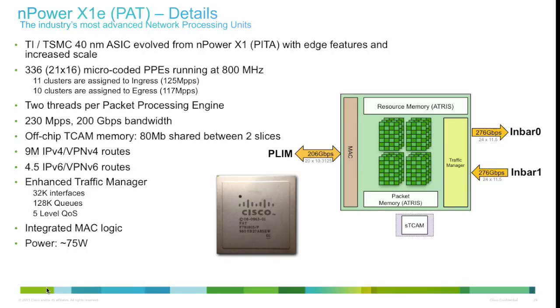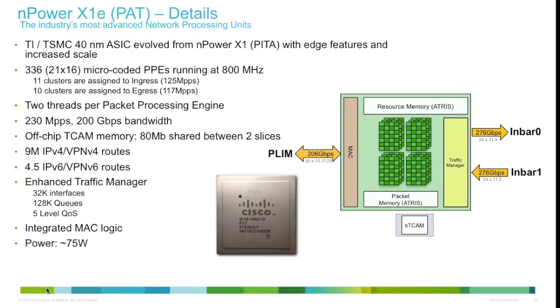We are not using local TCAM, we are using an external TCAM in the line card, handling 80 million entries. And each ASIC will be able to support a total of 9 million IPv4 VPNv4 routes or 4.5 million IPv6 or VPNv6 routes.